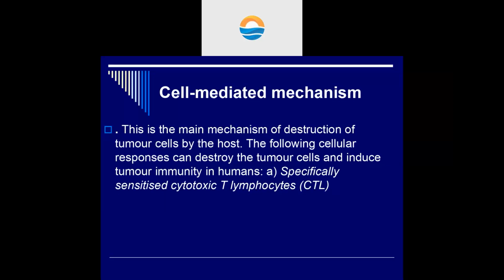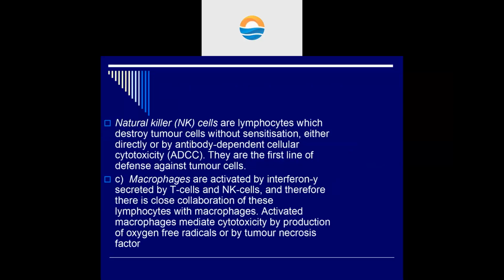The following cellular responses can destroy the tumor cells and induce tumor immunity in humans, like specifically sensitized cytotoxic T lymphocytes, CTL, and natural killer cells, which are lymphocytes which destroy tumor cells without sensitization, either directly or by antibody-dependent cellular cytotoxicity. They are the first line of defense against tumor cells.